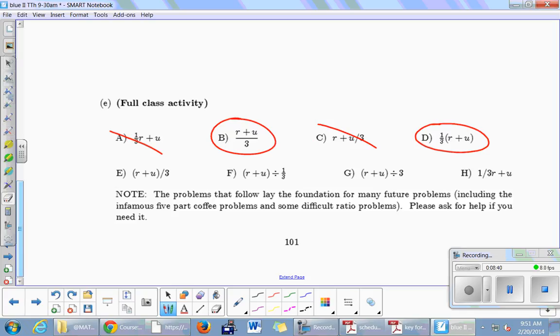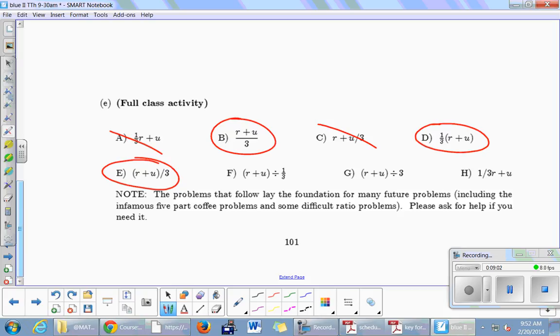Okay, E. E is fine because it says take the sum and divide the whole thing. That whole thing is in parentheses, so that one's okay. What about F? No, dividing by 1/3 is the same as multiplying by what other number? By multiplying by 3. So maybe you guys remember how to divide a fraction. You flip the second one and you change it to times.